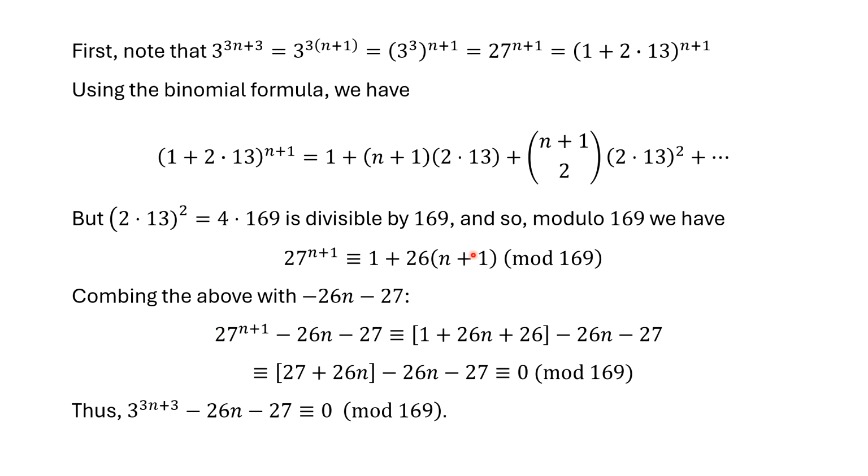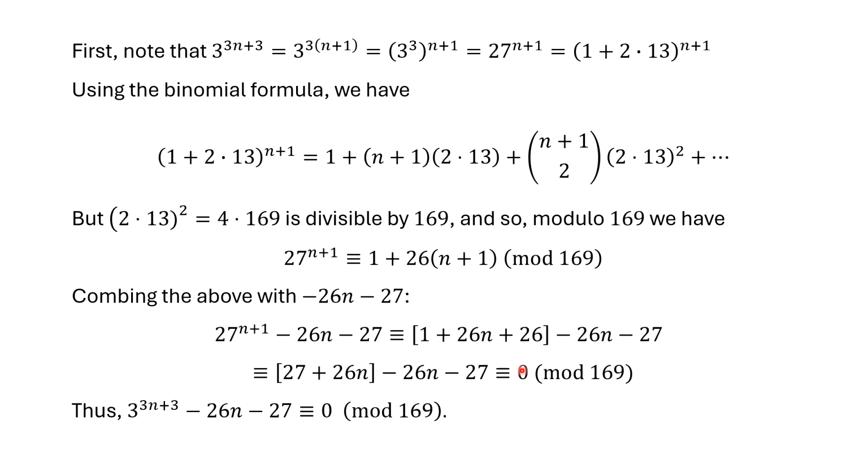Then we'd write this in terms of this. And again, we're working mod 169. So we plug this in here. We get a lot of cancellation. The 26n and the 26n cancel each other out. And then you have 1 plus 26 minus 27.